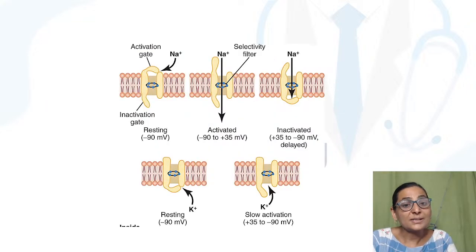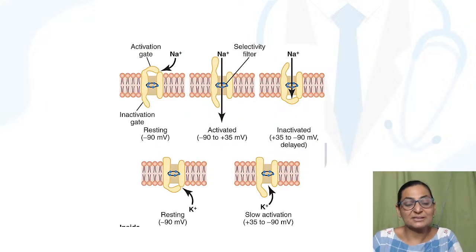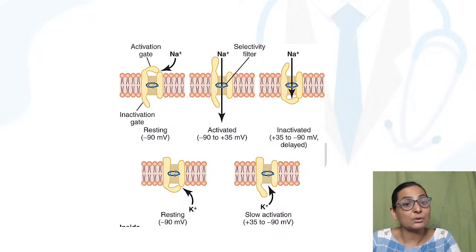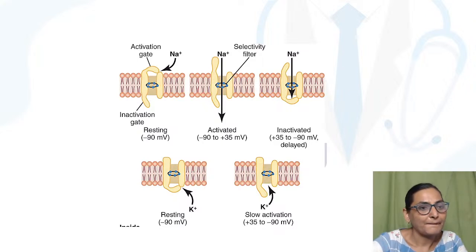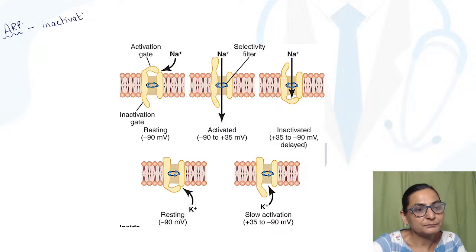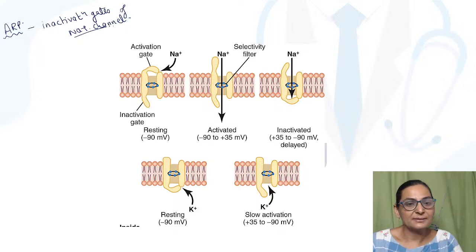Now, what is the cause of this? It is very important that what is the cause of this. So absolute refractory period का cause है inactivation gates of sodium channel. Now let's understand this.